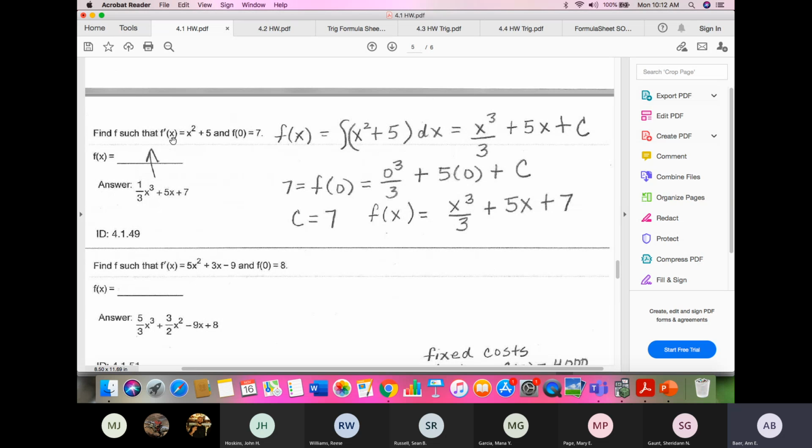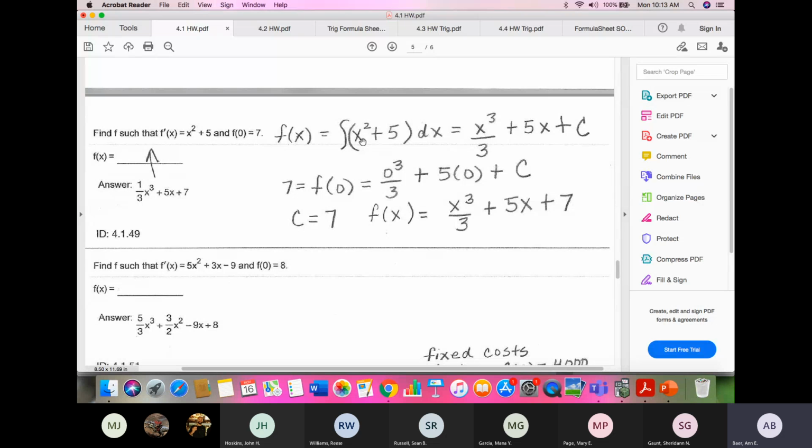So what I'm going to start by doing is, since we have information about what happens with the original function, we have a condition here. We're going to start with the derivative and integrate. We're going to find all antiderivatives of the derivative. So we're going to write down the integral x squared plus 5. This is the derivative inside in the integrand dx.